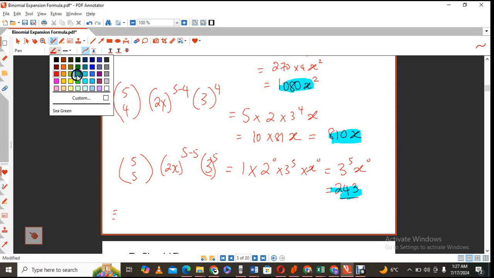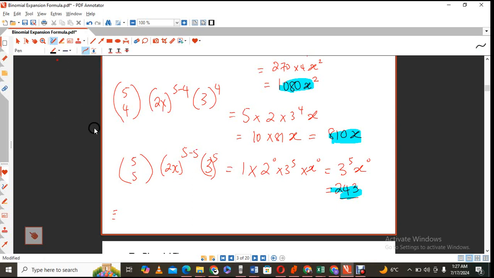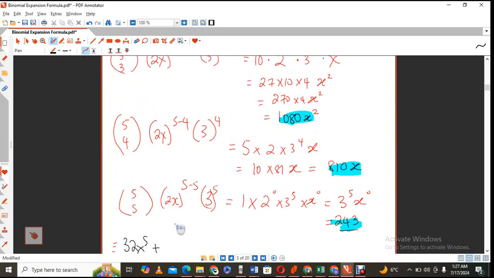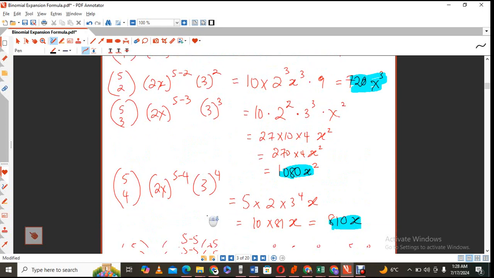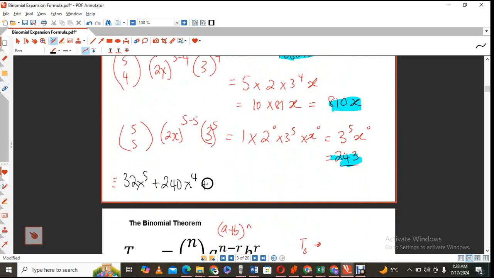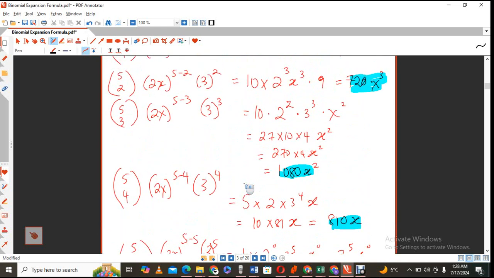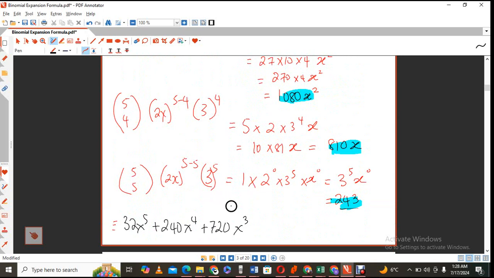Let's just use a different color. So this is 32x raised to the power of 5, and the next one was x to the power of 4, 240x to the power of 4, and the next one was obviously 720x cubed, and the next one is 1080x squared, then you have 810x, and the last one is 243.